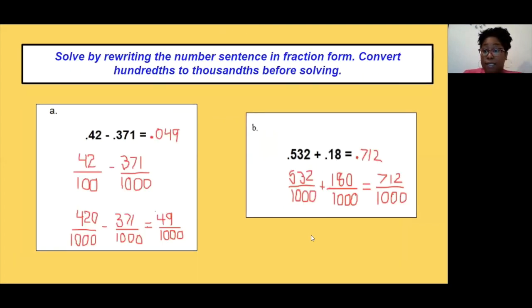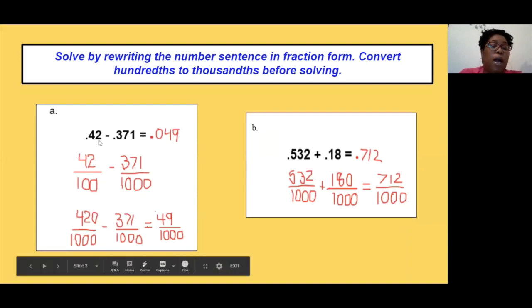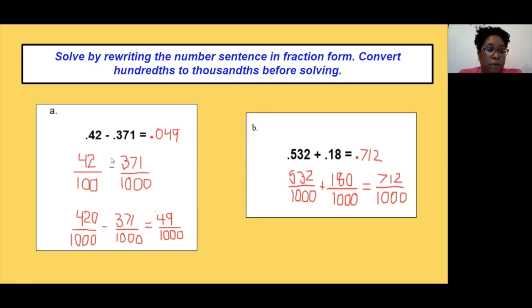Okay, let's see, how did you do? Okay. 42 hundredths minus 371 thousandths. Okay, so we have 42 hundredths. We are changing the decimals to fractions because it says rewrite the number sentence in fraction form. So 42 over 100 minus 371 thousandths.